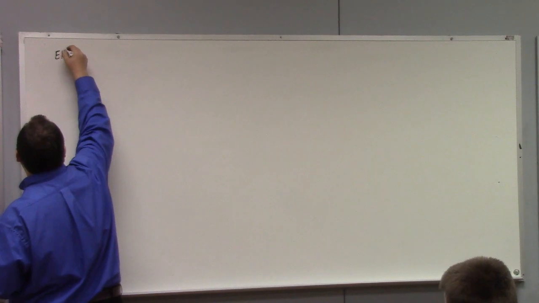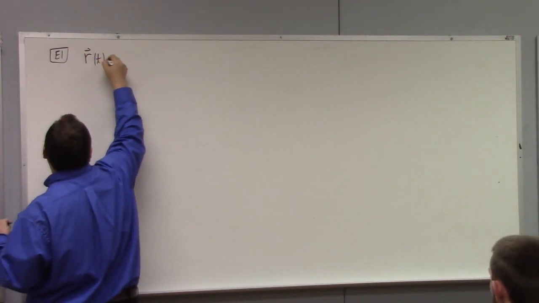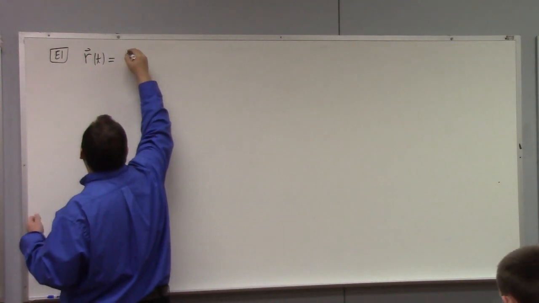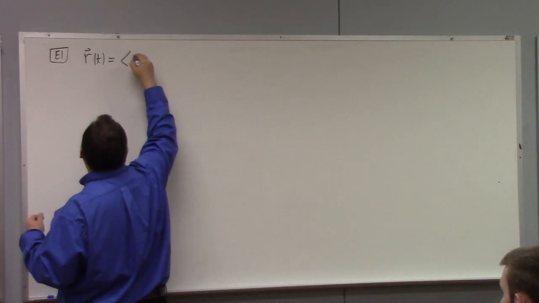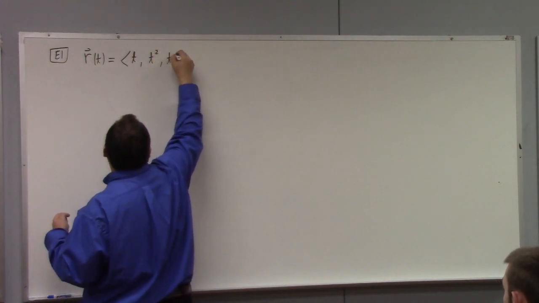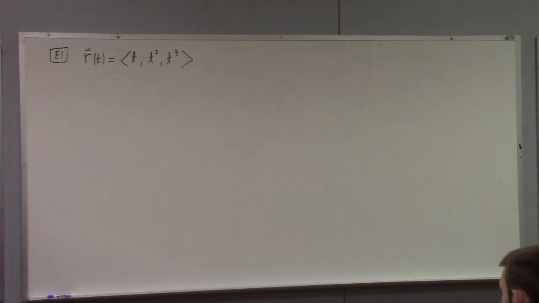Example 1. Let's explore Sam's question further. So here's a good one. r of t is, let's start out with this one, t squared, t cubed, all right? I'll try to show you guys how to visualize this in a bit. Of course, you can use Mathematica if you're good on that and you like to use that. You're welcome to do it.